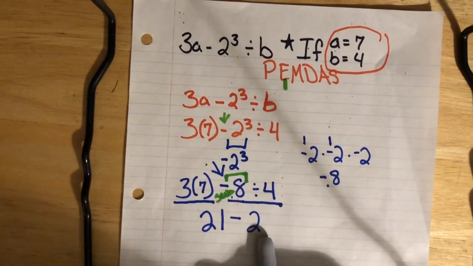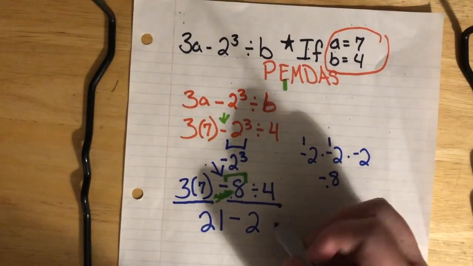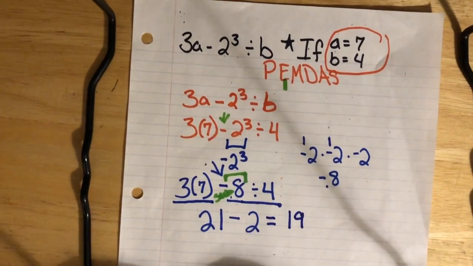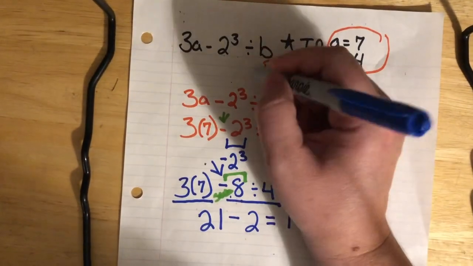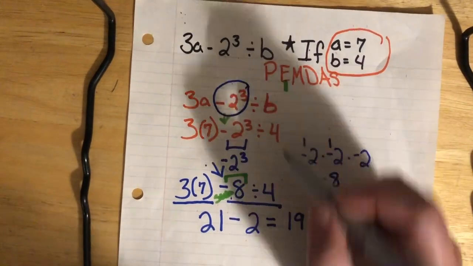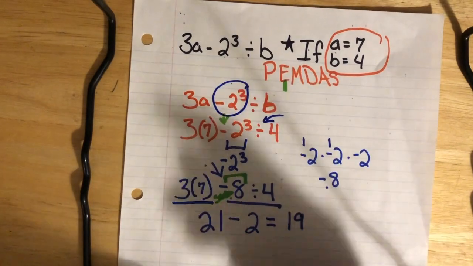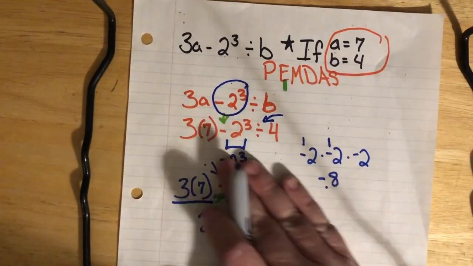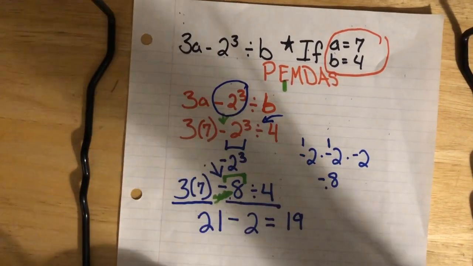So now it's a full subtraction problem. So 21 minus 2 gives us 19. I wanted to go over that with you because this next step with the division kind of makes you go all wonky. No worries. I screwed it up the first time I was trying to do the video.